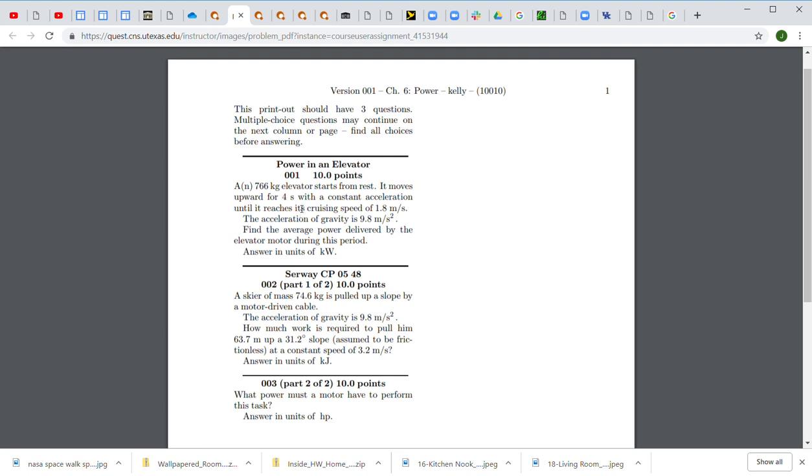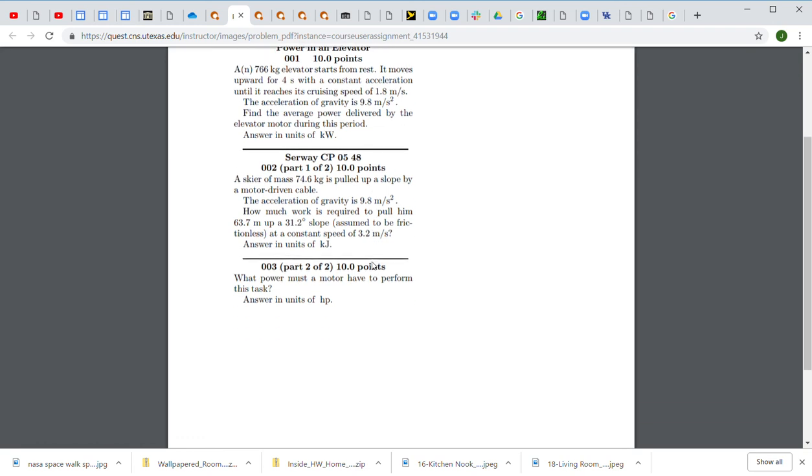Once we've got that, the cable force times the distance it moves is the work done by the elevator, and the average power is the work done divided by the time it took, which is 4 seconds. That would give you an answer in watts. Then we divide by 1,000 to get it in kilowatts.